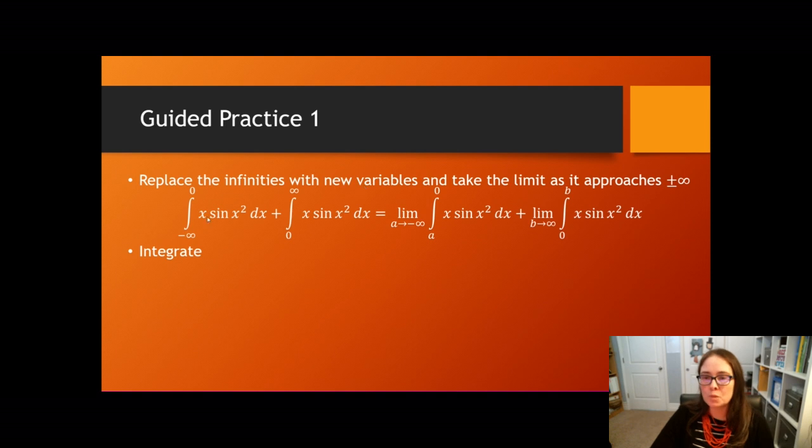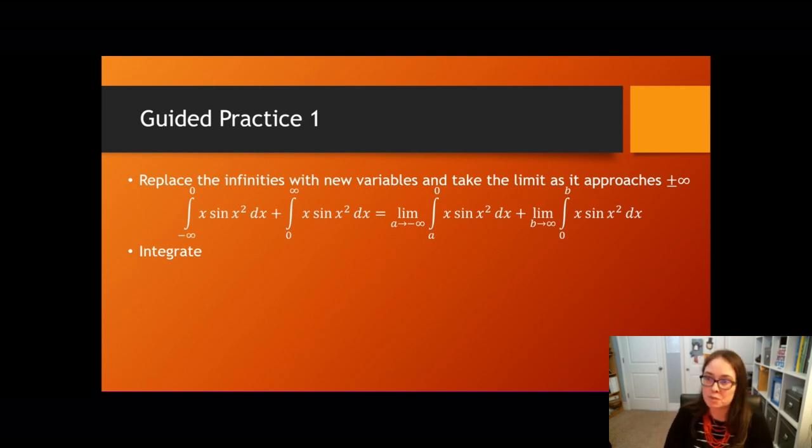Now that I've got that split up, I can start replacing those infinities with a limit as some new variable approaches that infinity that I took out. I'm going to evaluate each one of these separately. Looking at the integral, ignoring the limits and the improper stuff going on there, I have x times the sine of x squared.